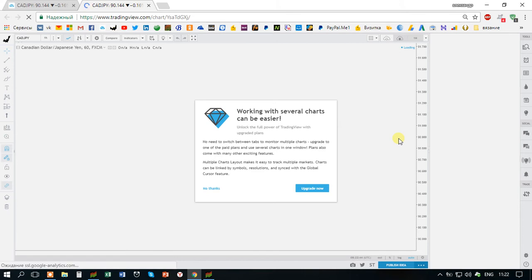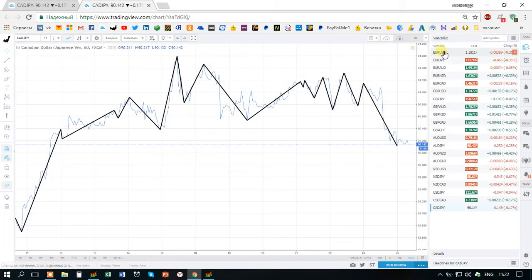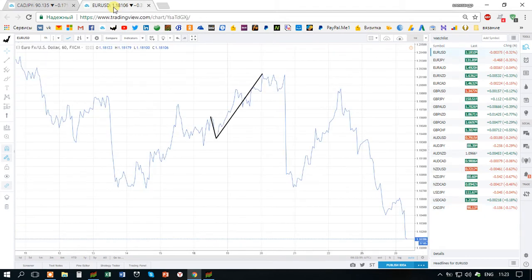Work with several charts can be easier. It is easy. I don't need it easier. Still loading. My internet connection is pretty slow today, so don't be mad at me that it is loading very slow.